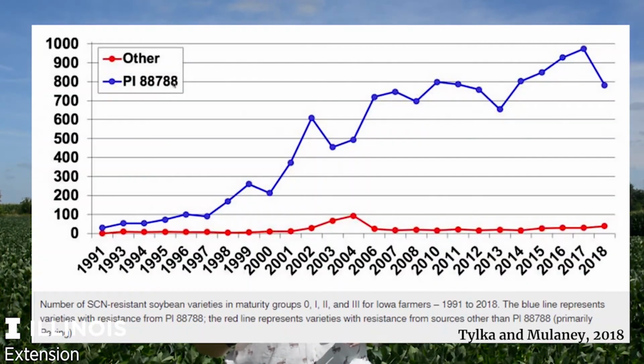You can also find some Peking sources of resistance, and those are really the 2 that you can find right now in the market. Since PI 88788 has been the source of resistance that we have been relying on for years, some issues can arise as far as SCN resistance to that genotype.